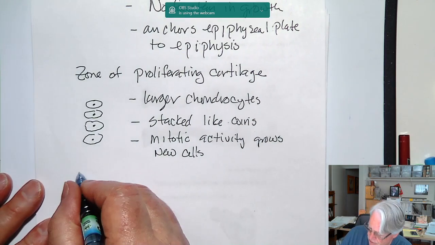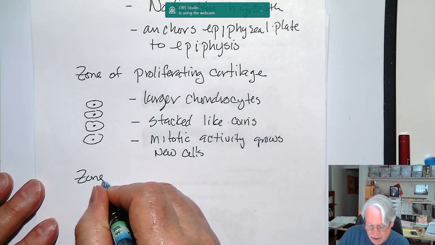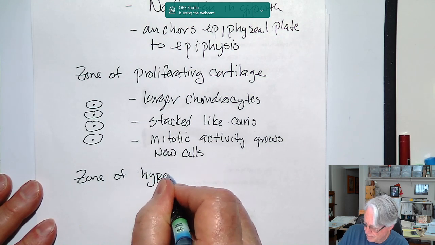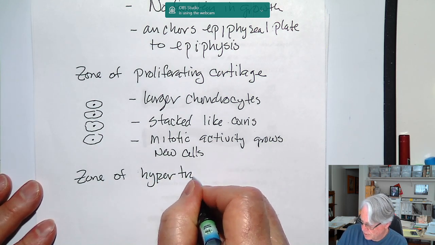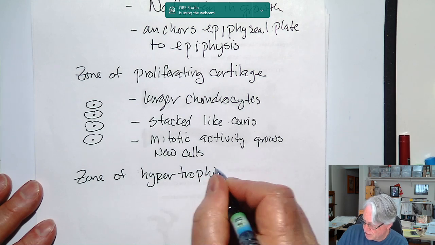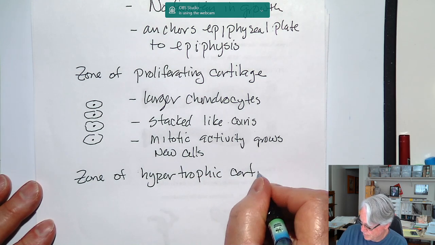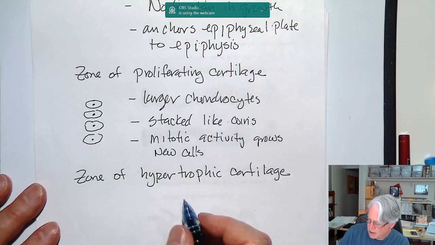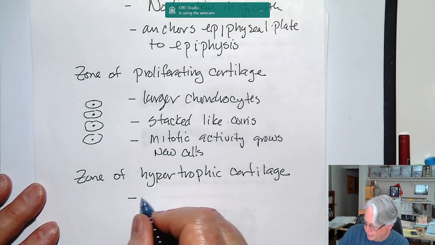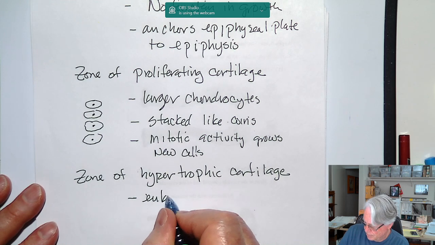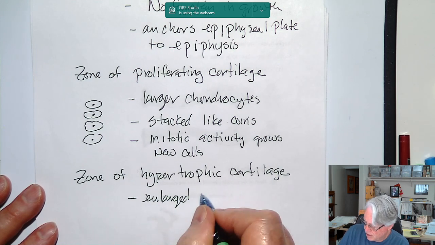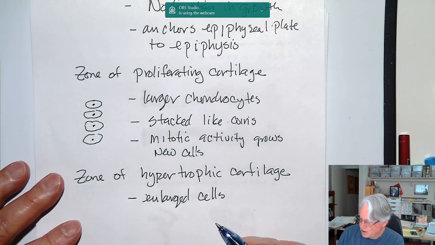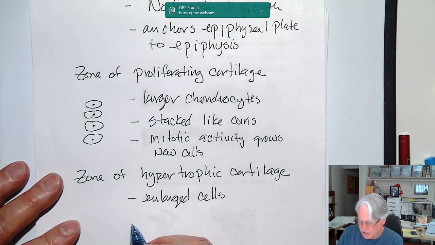The next zone, it's the zone of hypertrophy, or hypertrophic cartilage. Okay. And so what we get here are enlarged cells. Okay. And they still remain in columns, but they're enlarged.